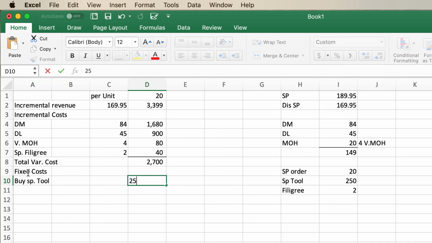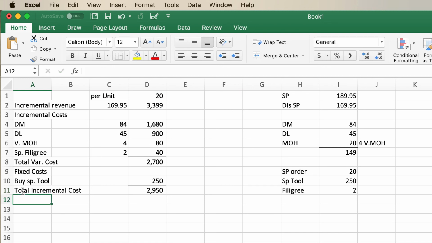So that means that our total incremental costs are $2,950. And again, this is the total incremental cost. Okay? So now, should we accept this special order?